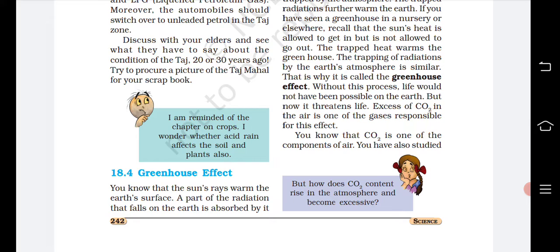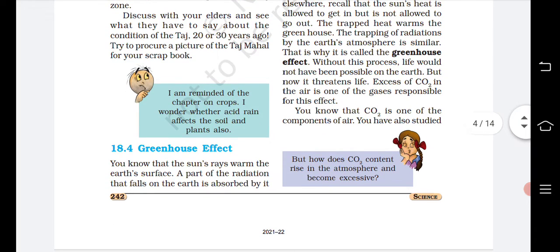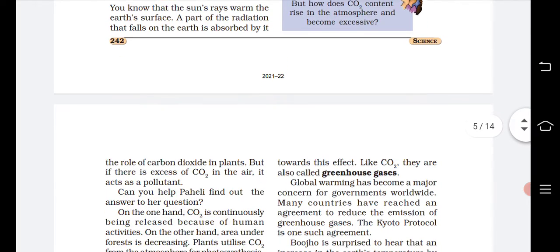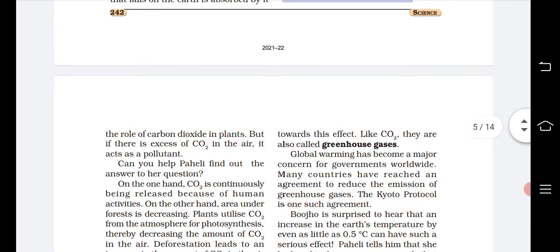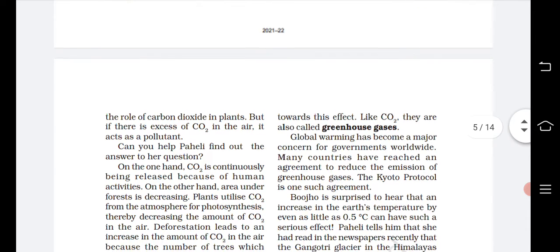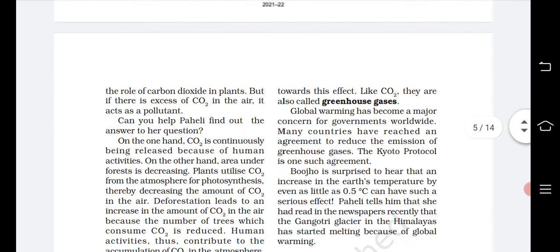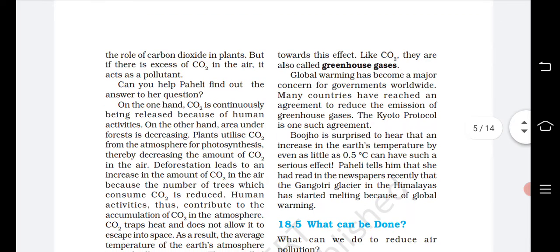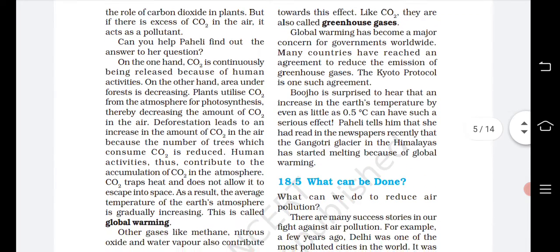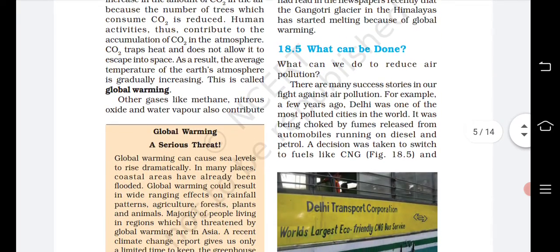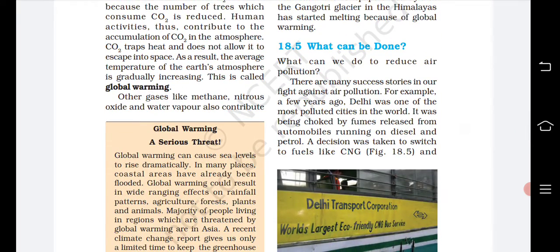You know that CO2 is one of the components of air, and CO2 is needed for photosynthesis. But if there is excess of carbon dioxide in air, it acts as a pollutant. Okay, so due to presence of excess greenhouse gases, global warming occurs, which is a serious threat to us.